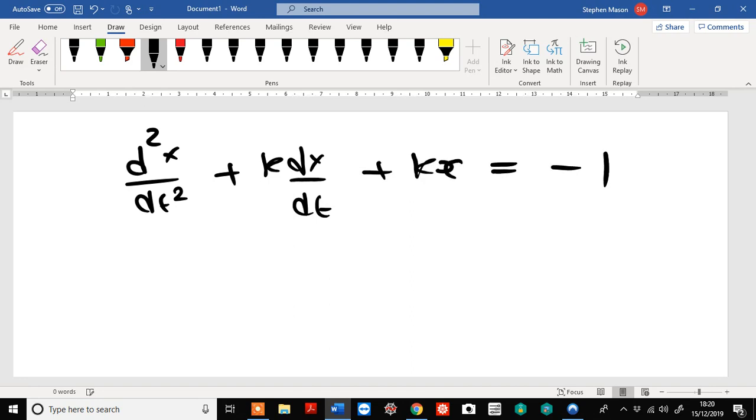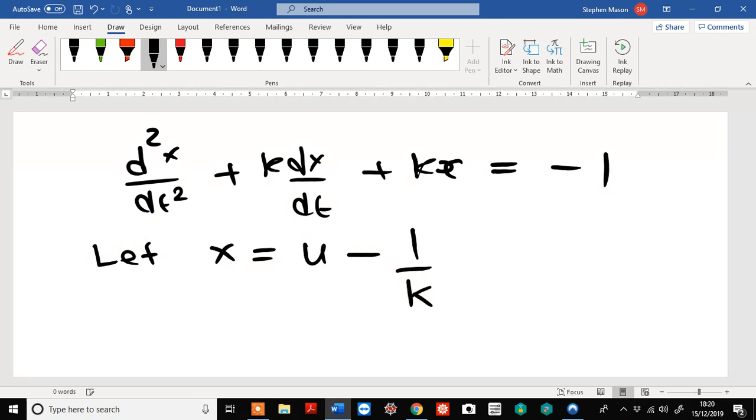So in order to solve this equation, what substitution are we going to use? Well, let's see if we put x equal to u minus 1 over k.